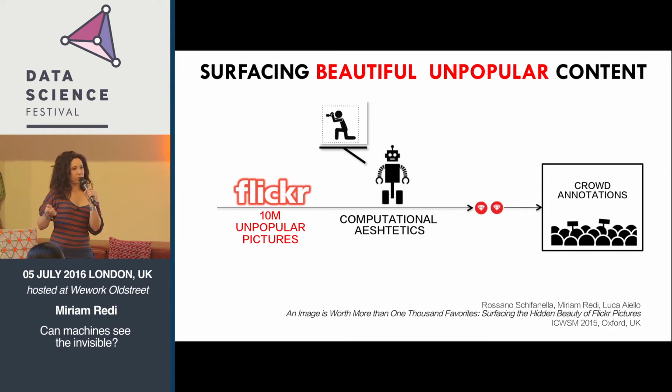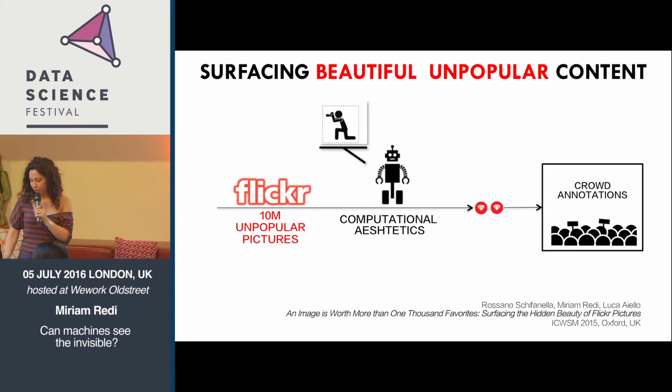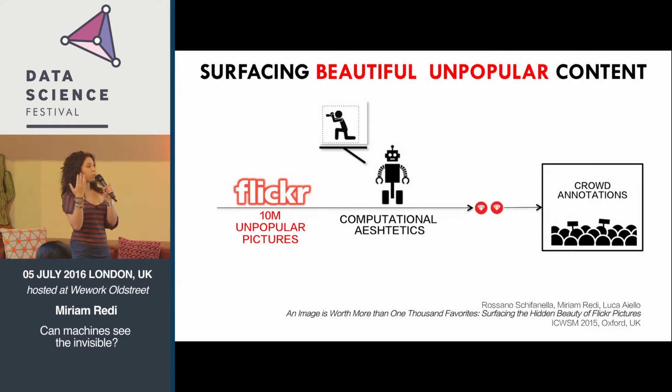And then we score them in terms of beauty according to a computational aesthetic algorithm, what I described before. And then we rank the pictures according to the predicted beauty, and at the top of this ranking, we will find our hidden gems, because these are supposed to be very beautiful pictures that, however, are hidden because they come from a non-popular pool of pictures, right?